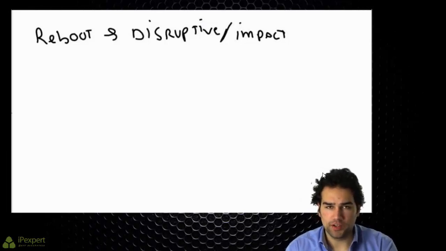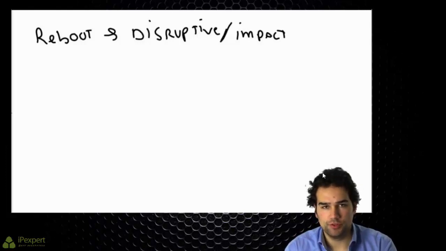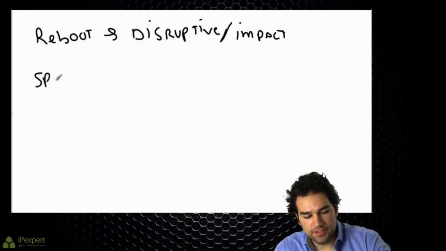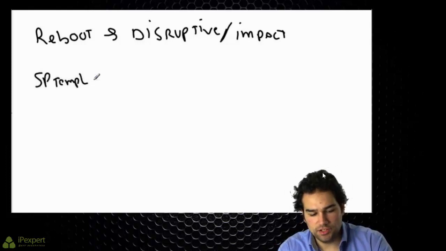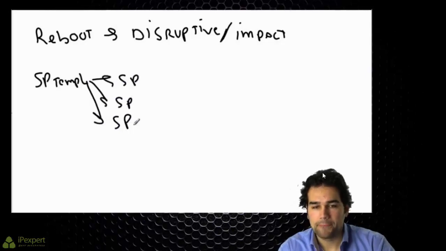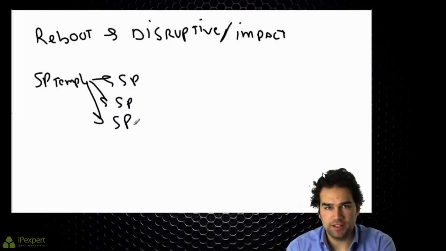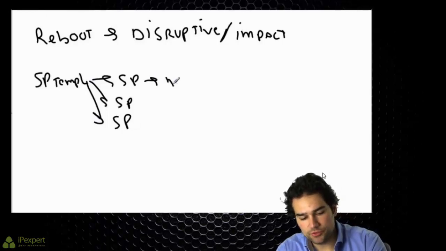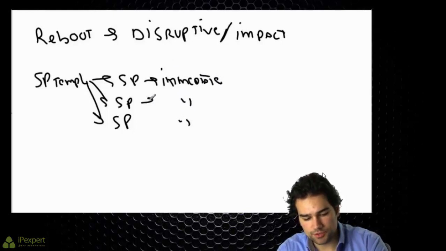Now, like I told you already, if I have an updating service profile template, then that change in the template is going to be an automatic change towards all of the connected service profiles. Then the default response of the UCS system is to immediately reboot all three of these servers.